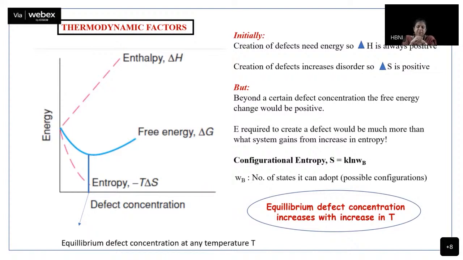But let us imagine. Now I try to remove just one atom from it. Now to remove that one atom, what will I have to do? I have to break the bonds holding this atom with the neighboring atoms. Okay, and breaking of bond requires energy, all of us know. So delta H is positive.